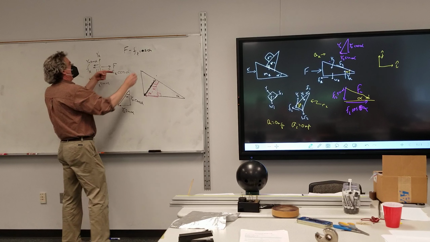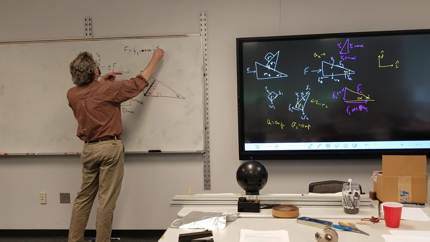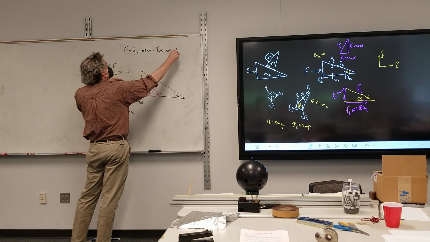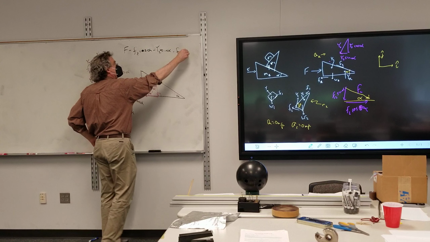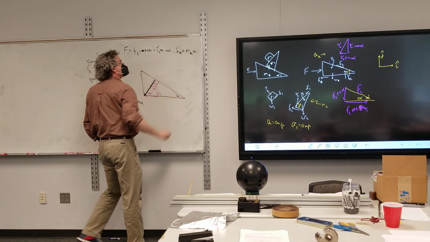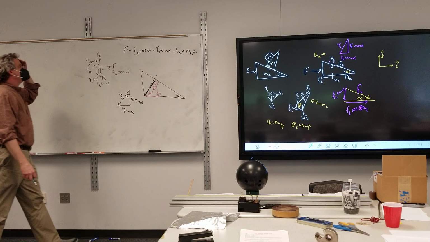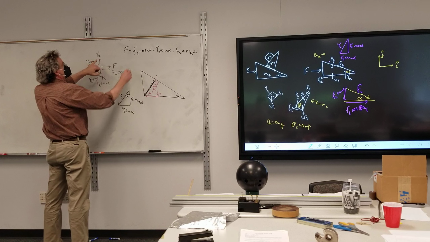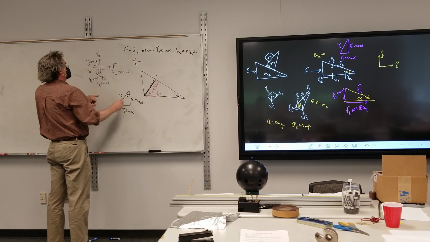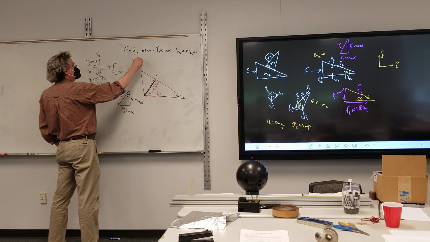That's going that way, minus N2 sine alpha minus Fr is equal to mA. And then vertically, there's no acceleration. So I have only one thing that's going up, and going down, I got these three things.